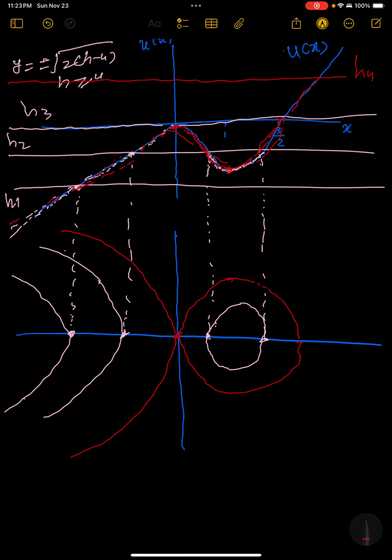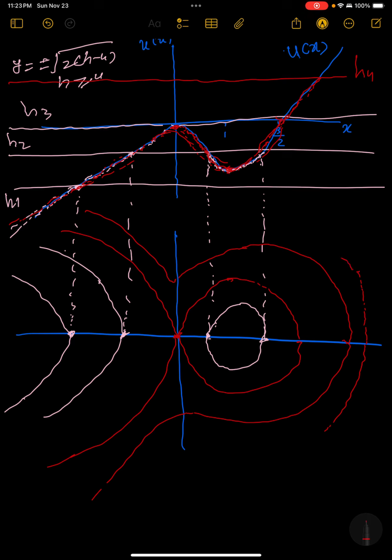Over here, as my h starts increasing, my function value is also increasing, but it increased to this point, and then from there it is increasing up to this point, and then again, as my value of u is decreasing or h is increasing, this is increasing, so this will be this way, and because it has two copies, it's going to be this way, and then finally it will go this way. And this process keeps moving.